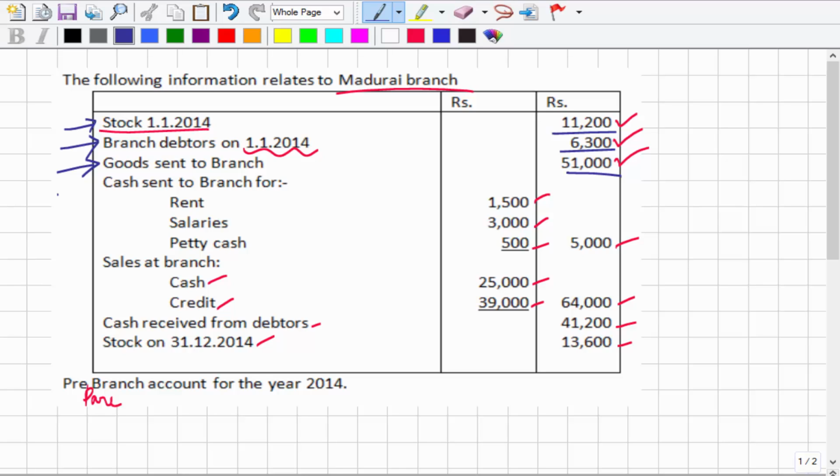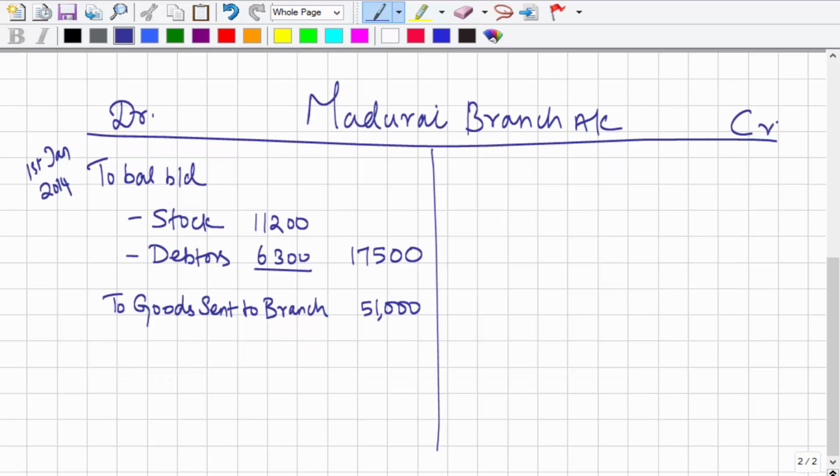Then we have cash sent to branch for various purposes like rent, salaries, petty cash. So we'll capture all those. To bank, and the entries are number 1 for rent, number 2 for salaries, and number 3 for petty cash.